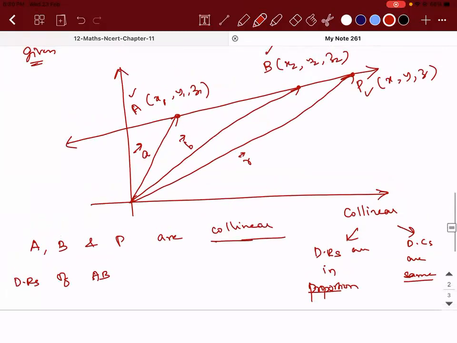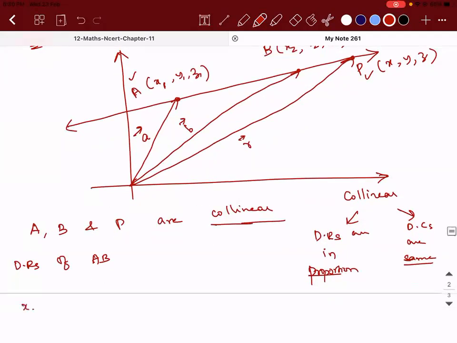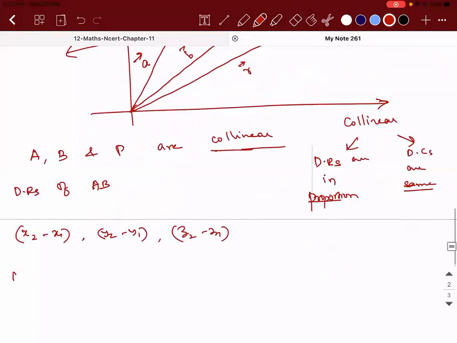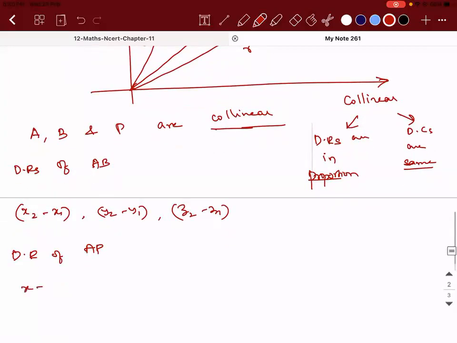If you know 2 points, how will you write the direction ratio of the line? It is x2 minus x1, y2 minus y1, and z2 minus z1. So what is the direction ratio of AP? x minus x1, y minus y1, and z minus z1. Correct? Any doubt?